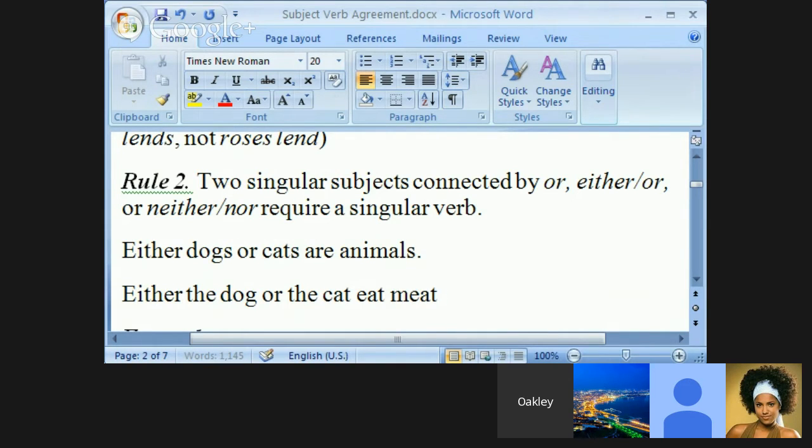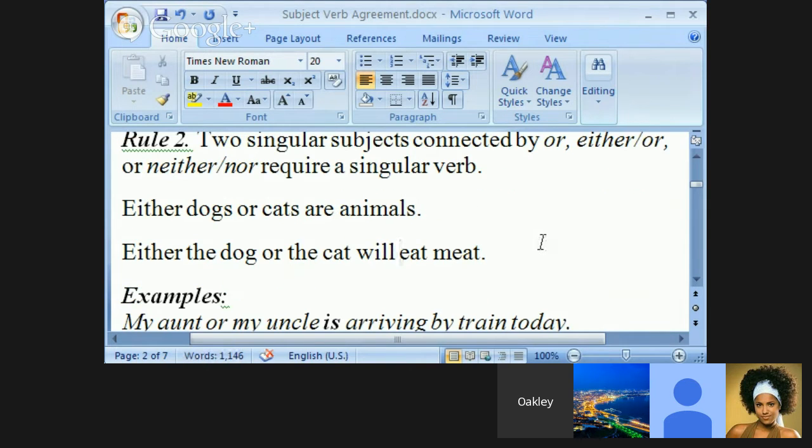Should it be? Hussein, do you know? Each without S. Without S. Yes. All right. Okay. Might change this. Will eat meat. There. It's a little better sentence.